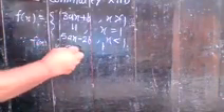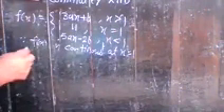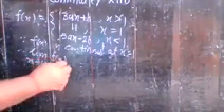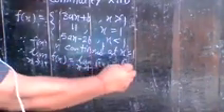So since f(x) is continuous at x equal to 1, limit x tends to 1 plus f(x) is equal to limit x tends to 1 minus f(x) is equal to f(1). You write in this way.